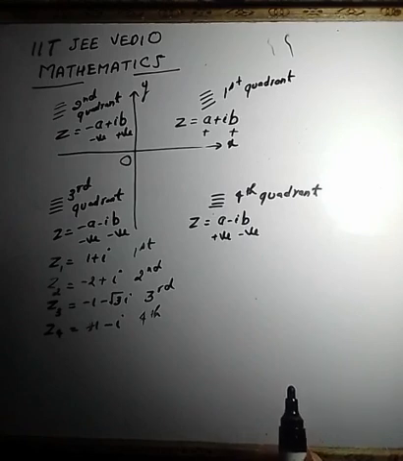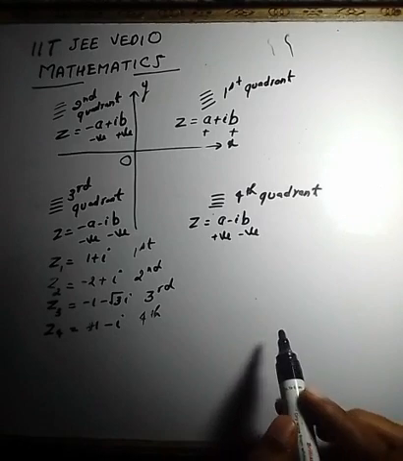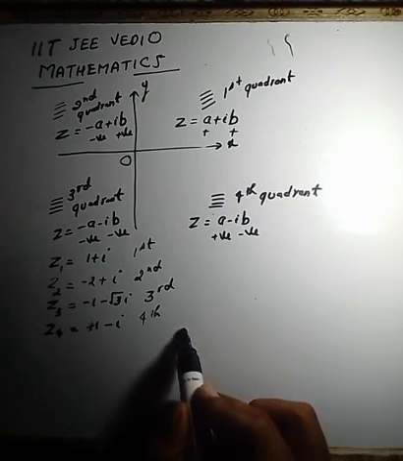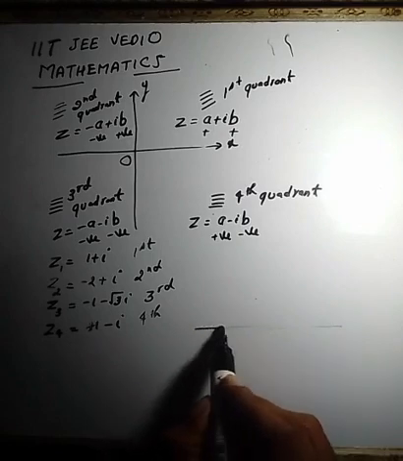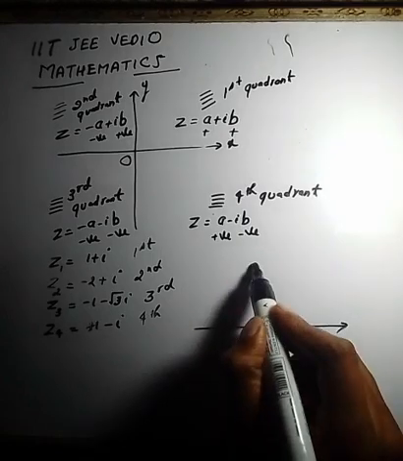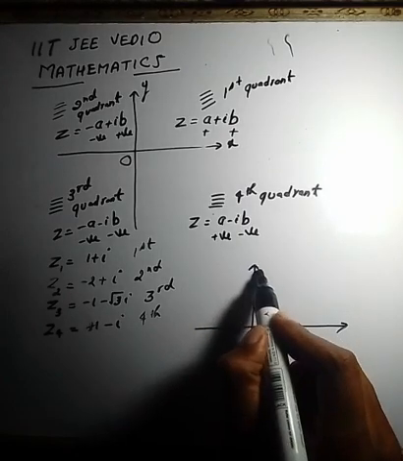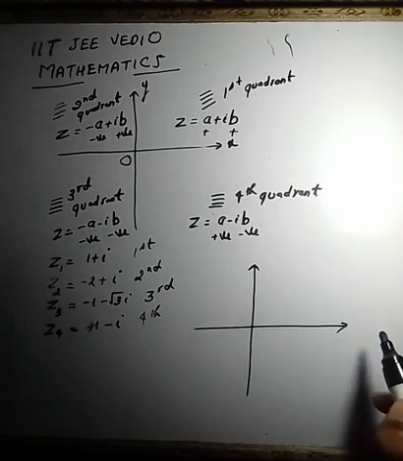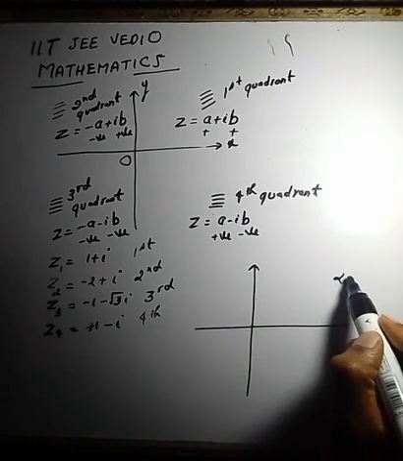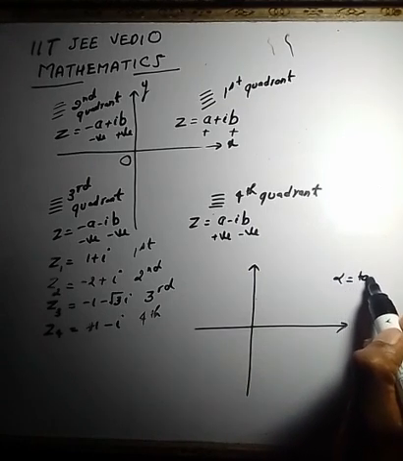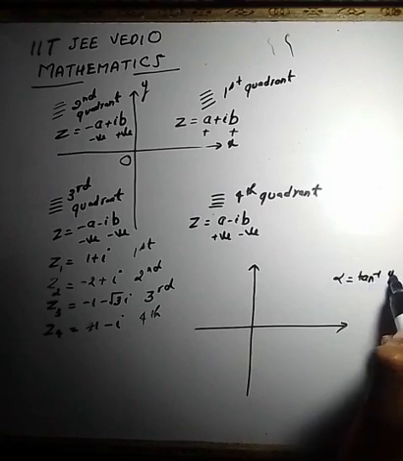So now we will see the angle also, argument also. So if complex number is here and alpha is tan inverse y upon x.